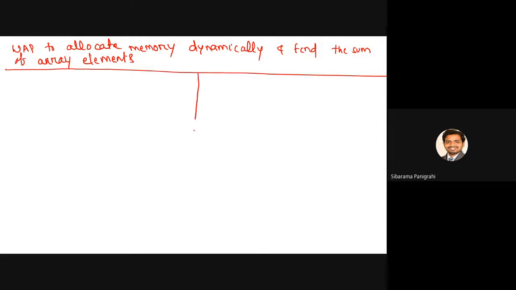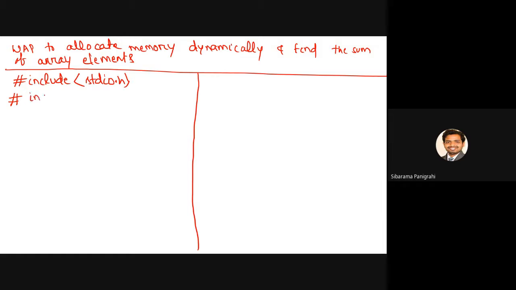So let me divide the screen into two parts. First I need to include the header files. So #include stdio.h. Now in order to use dynamic memory allocation, I have to use the functions malloc, calloc, realloc and free. Those functions are defined inside which header file? stdlib.h or alloc.h.